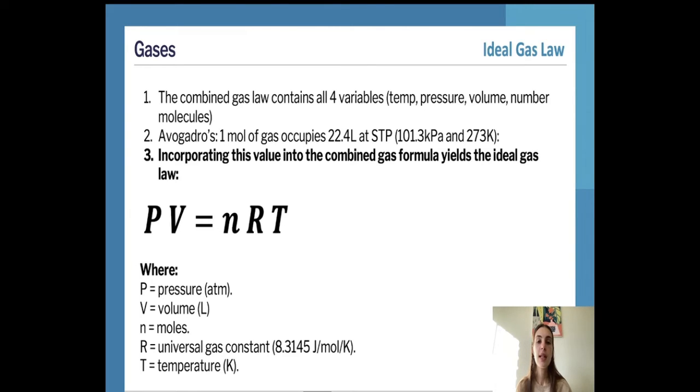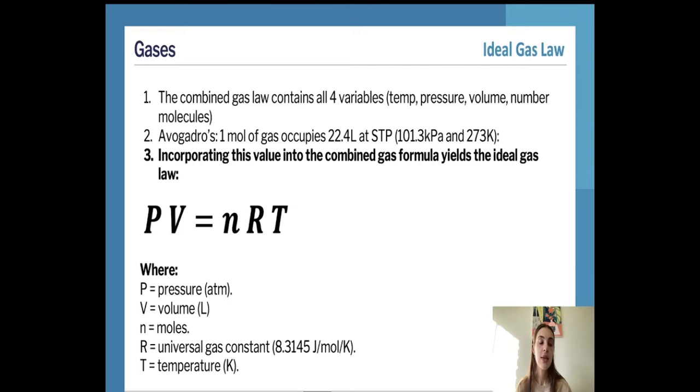Then we also need to consider Avogadro's number. And so that's that 1 mole of gas occupies 22.7 litres at STP. So STP being 101.3 kilopascals and 270 degrees Kelvin. And so incorporating this value is going to yield the ideal gas law.